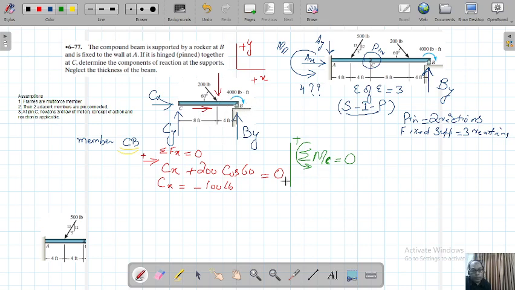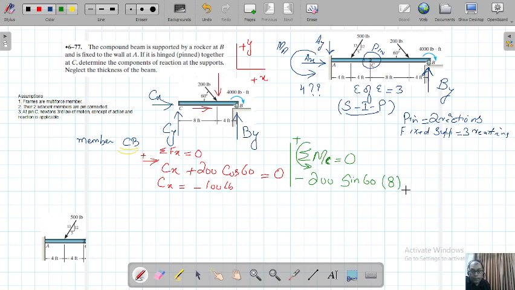So now we can write minus 200 sine of 60 into 8, and you know that this 8 is the moment arm of this force.